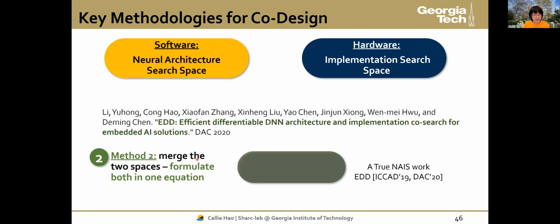And then the next method we've been talking about is a smarter one, right? So we want to merge the two design spaces like this. They're completely merged together. And we want to formulate both design spaces in one equation. And why are we going to do that and how are we going to do that? Let's see.